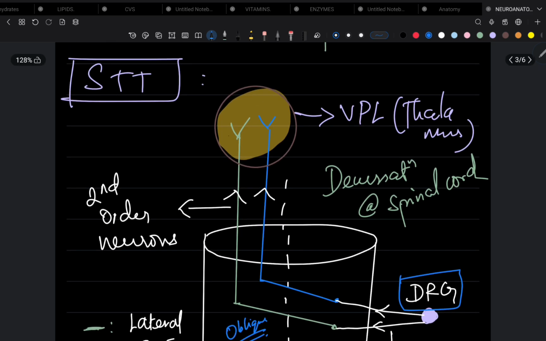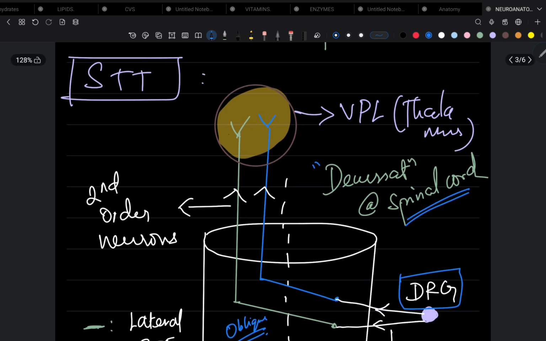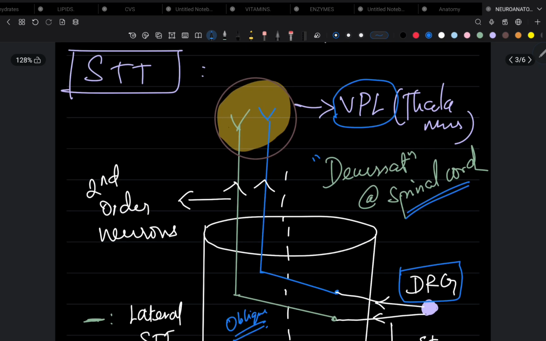So basically, spinothalamic tract decussates at the level of spinal cord itself, and these second order neurons, when they decussate and travel up, relay on the ventral posterolateral nucleus of the thalamus. So spinothalamic tract, from the name itself, we can understand that it carries sensation from the body parts through the spine and relays it on thalamic nucleus. So it is called spinothalamic tract.